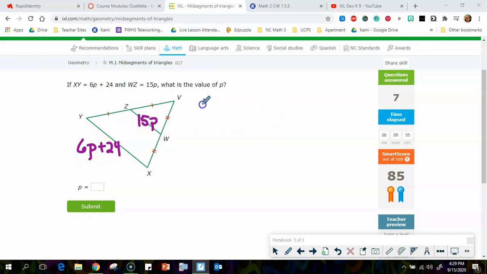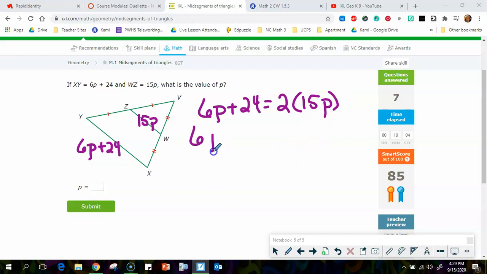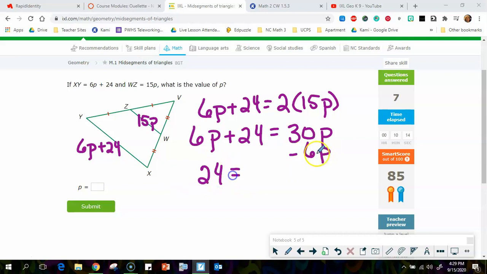So 6P plus 24 is 2 times 15P. So 6P plus 24 equals 30P. Let's see, I'm going to subtract 6P over here. 24 equals 24P. So P equals 1.